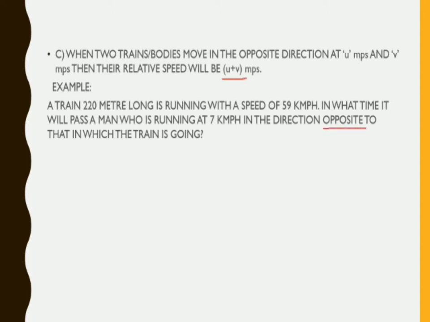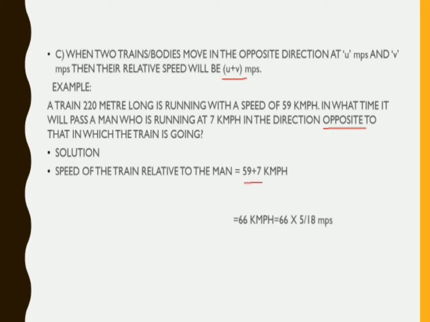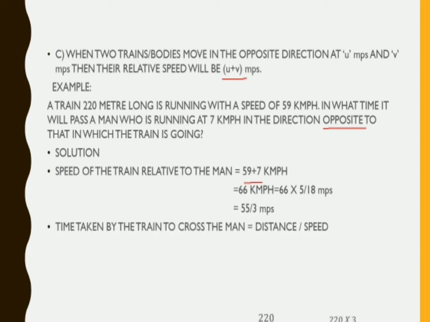So, in this case, while we are finding the relative speed of the train to the man, we have to add both the speeds. Add both the speeds, convert it into meters per second and apply it in the time formula. Time is equal to distance by speed. On calculating, we'll be getting the answer as 12 seconds.